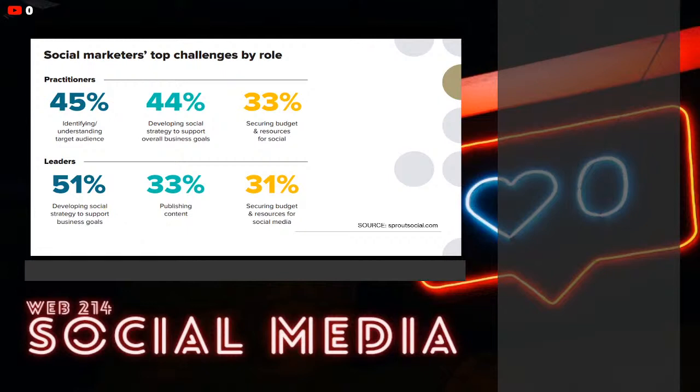But we can see here that 45% of all of the practitioners surveyed identified understanding the target audience to be one of the biggest challenges.